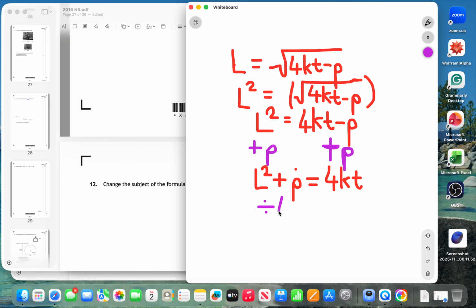Because we have 4 multiplied by k multiplied by t, if we divide by 4, since the 4 is multiplying, then we do the inverse of multiplication, division. So the 4s cancel out, and it's just going to be kt on this side, and we then get L squared plus p divided by 4.